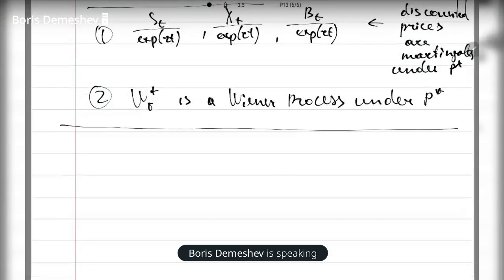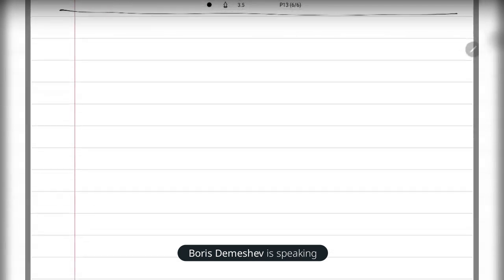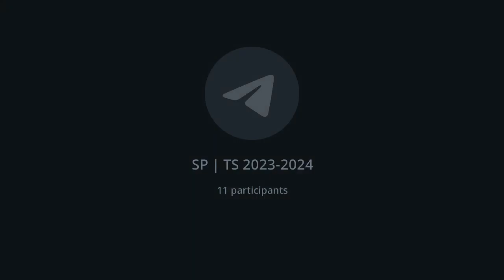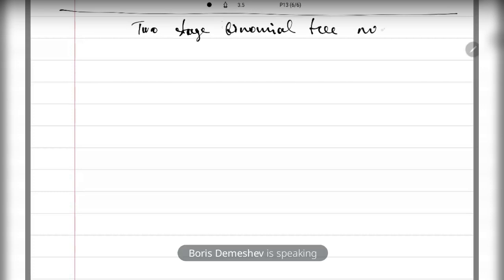Okay, let's consider the two-stage binomial tree model in discrete time. We have two stages.